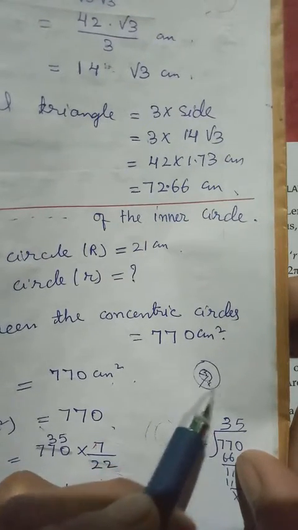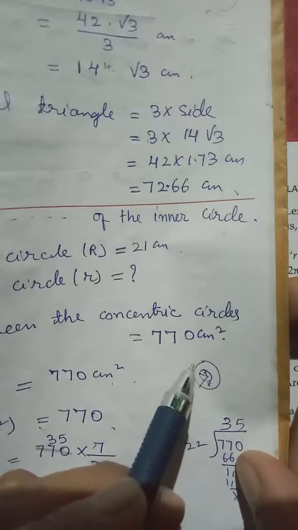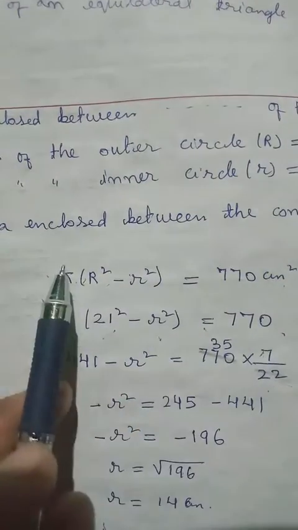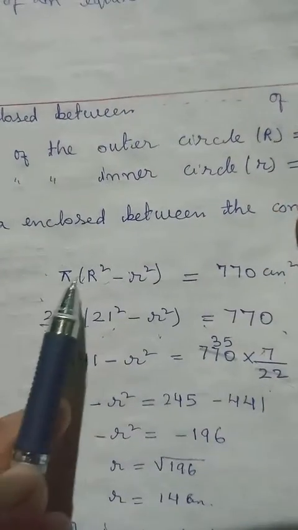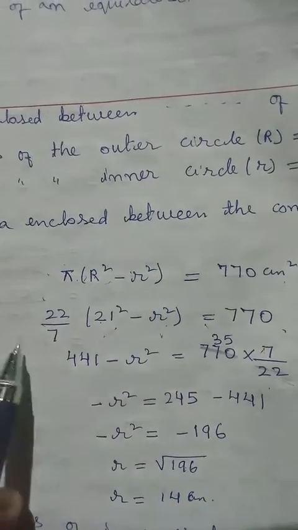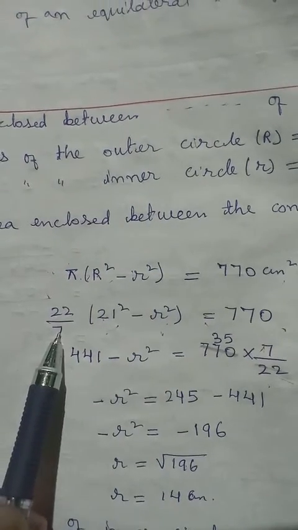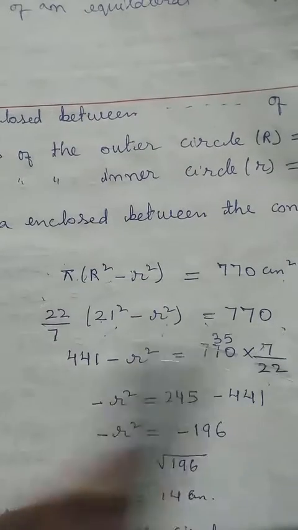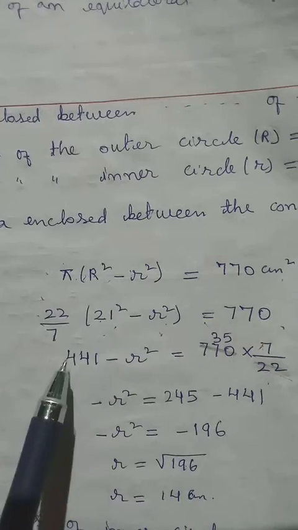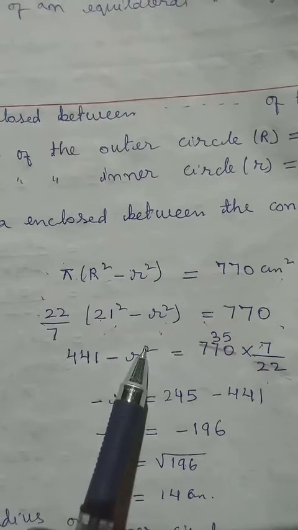So the area for this ring will be pi R square minus pi r square. Then pi we can take common. Here capital R we know is 21, small r we don't know, let it be there. Then this 7, we can transfer that side, 22 also up, we can bring down. 21 into 21 is 441 minus r square.